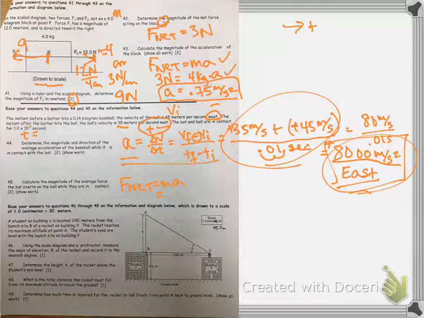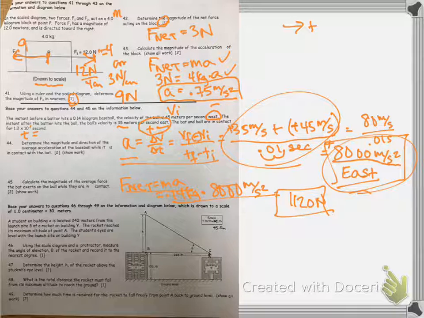The ball is 0.14 kilograms times 8,000 meters per second squared equals, I don't know what that is. Use a calculator. 8,000 times 0.14, 1120. 1120 newtons. Equation, substitution with units, answer with units.